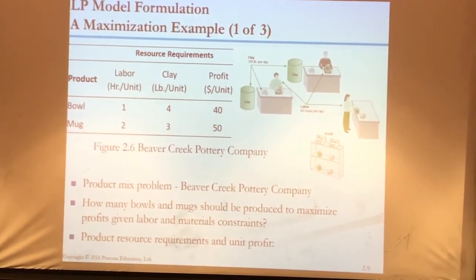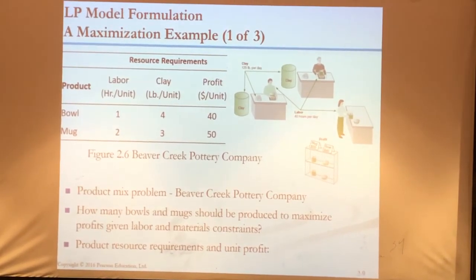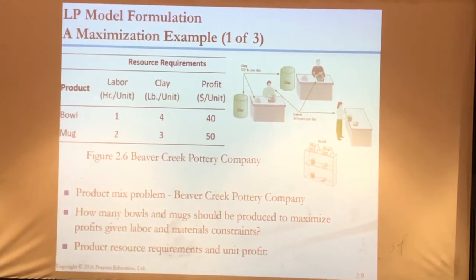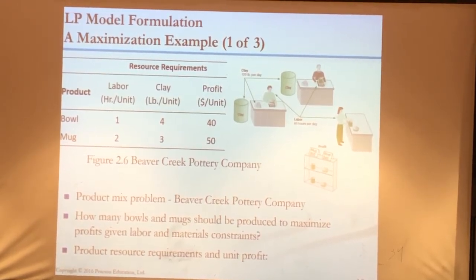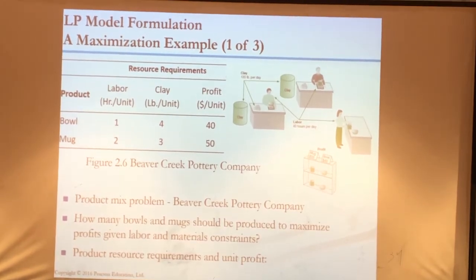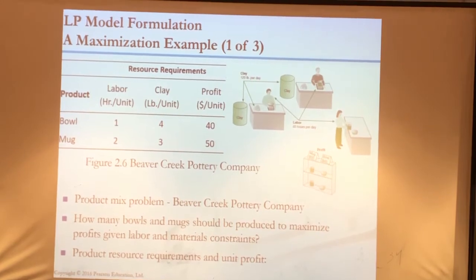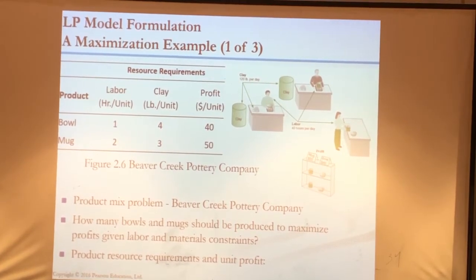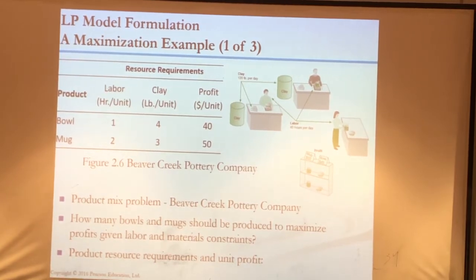This is an example here. We have 2 products. The company is making 2 products, bowls and mugs, and they are using 2 resources. One is a material resource, which is clay, and another resource is the labor hours.